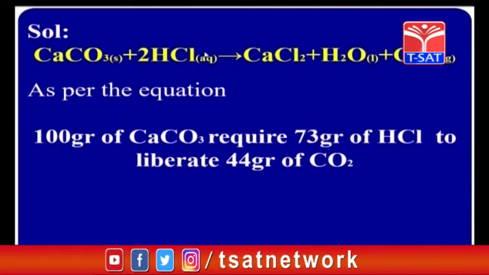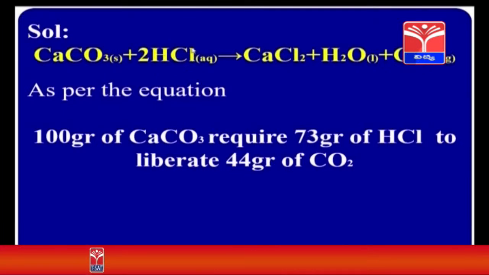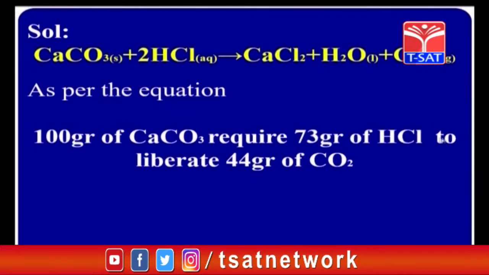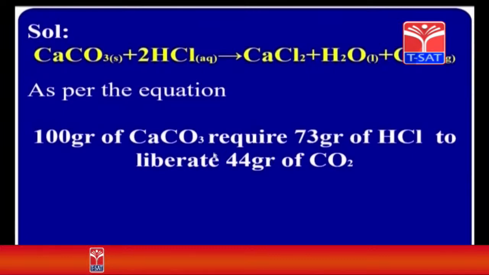For each mole of hydrochloric acid, molecular mass is 36.5. So we are multiplying that with 2, so that we get 73 grams of hydrochloric acid. Therefore 100 grams of calcium carbonate requires 73 grams of hydrochloric acid to liberate 44 grams of carbon dioxide. Here 44 is the molecular mass of carbon dioxide. Here 1 mole of carbon dioxide is there, that is why we are taking 44 grams only.